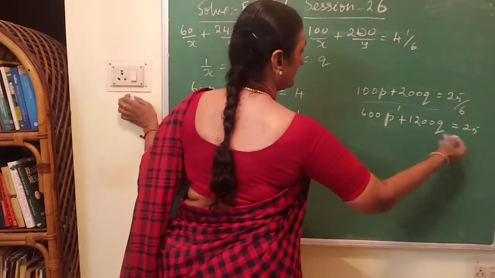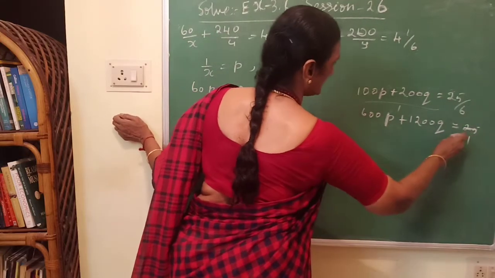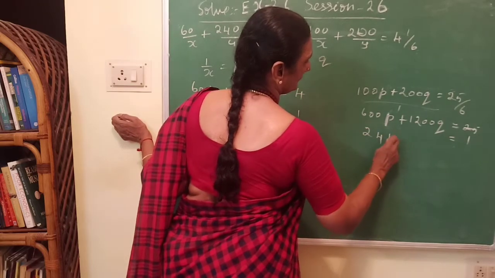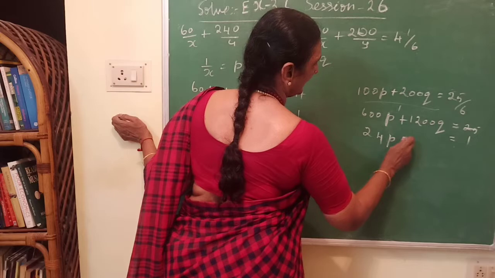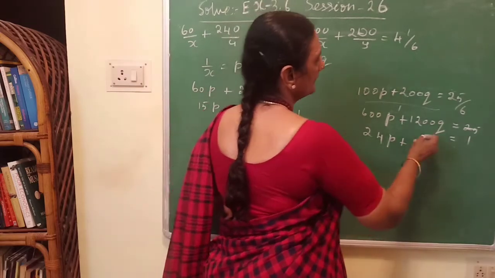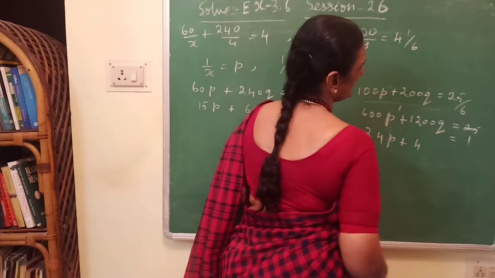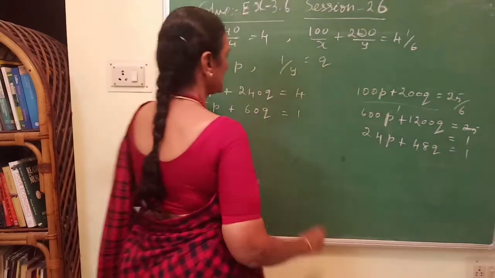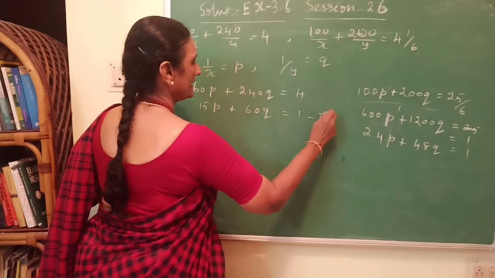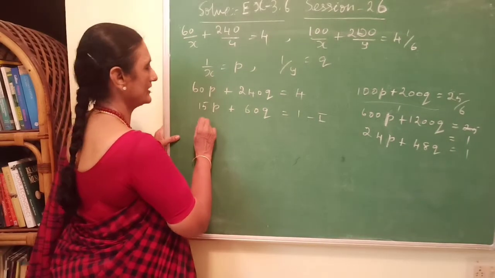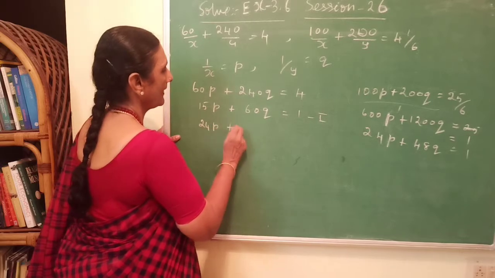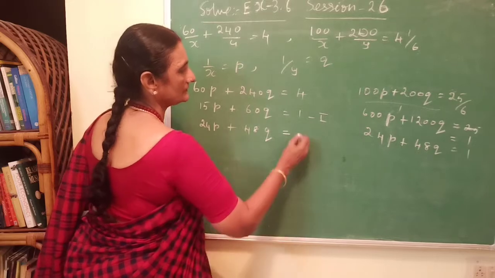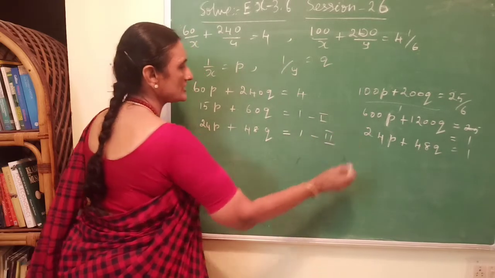Now this can be cancelled by 25 itself, and here it is 24p, and then 4 times 12, so 48q is equal to 1. Correct? So let us take 15p plus 60q is equal to 1 as equation 1, and 24p plus 48q is equal to 1 as equation 2.